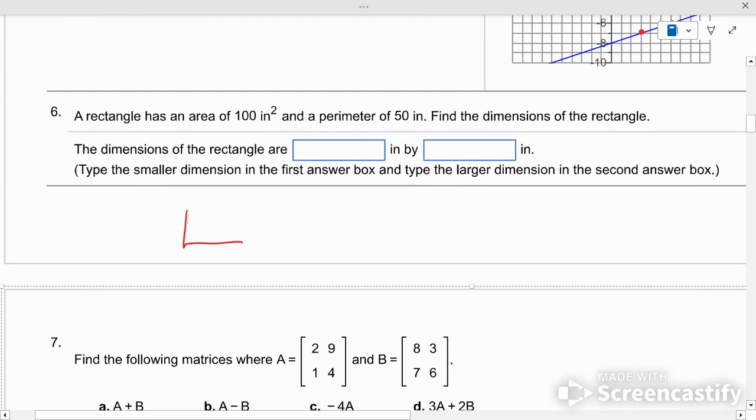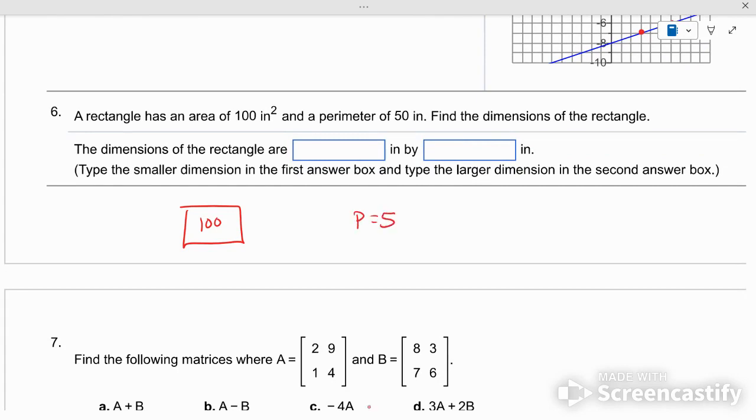A rectangle has an area of 100 and a perimeter of 50. Well, I know area is length times width, and perimeter is 2 times the length plus 2 times the width.